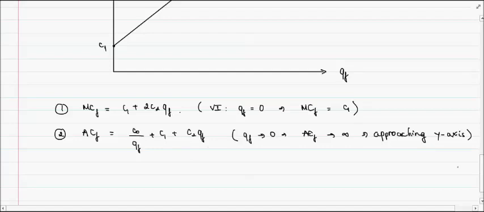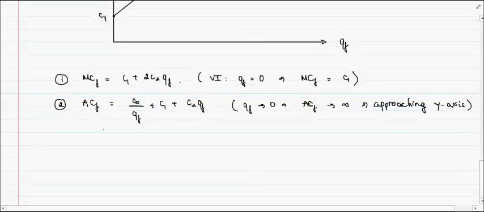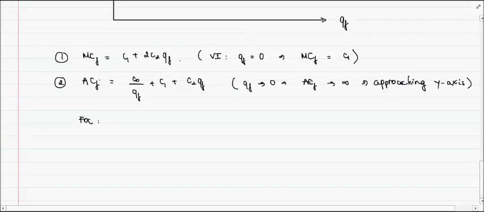Now we have to come up with a few more points, and then we should have a rough idea. The second thing we would like to do is find the minimum or maximum point, which is a stationary point, so that we can see roughly how the graph is going to look. So we find the first order condition, where we differentiate the average cost function with respect to QF and make it equal to 0. If we differentiate this, we get negative C0 on QF squared. For anyone who doesn't know how to get this, C0 on QF is just C0 times QF to the power negative 1, so using the power rule you should get something like this.